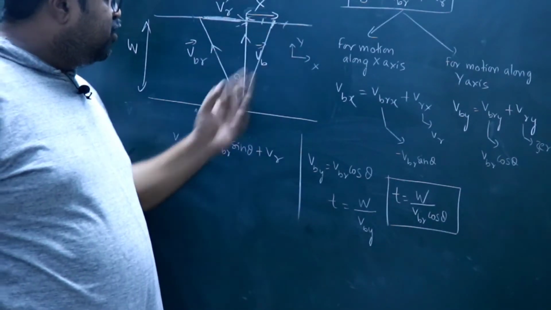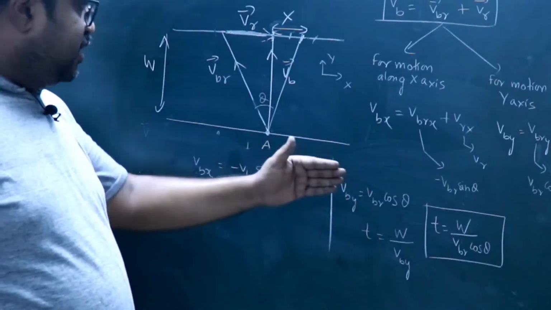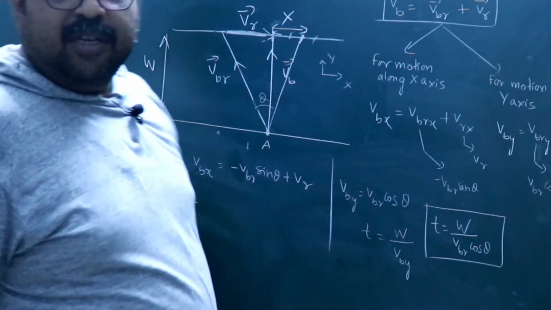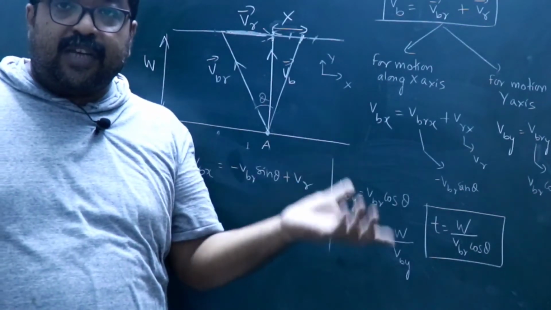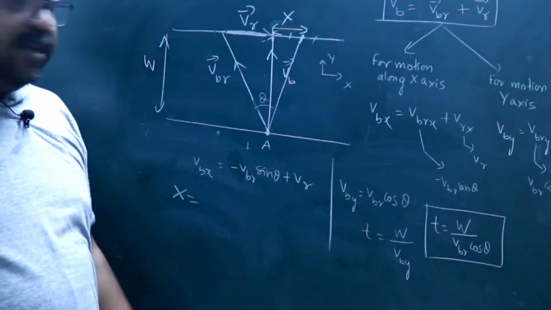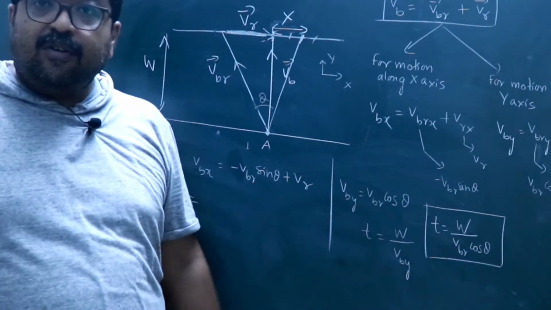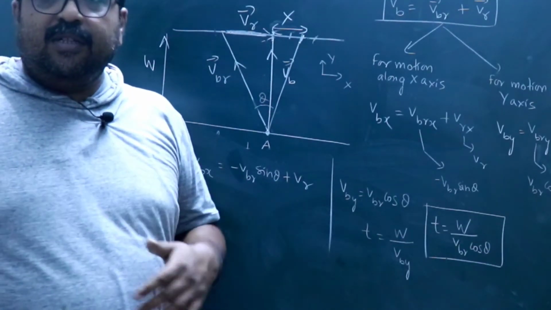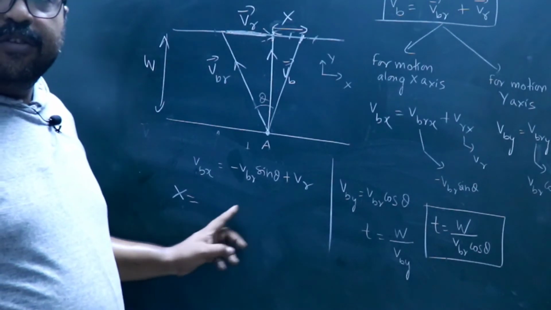Now that horizontal drift is caused by this velocity along the x-axis. It is a displacement along the horizontal direction, so obviously this displacement will be equal to velocity into time. But what will be the time? Time will be the time taken for crossing the river, because only during the time the boat crosses the river will this horizontal drift take place. Displacement equals velocity into time.